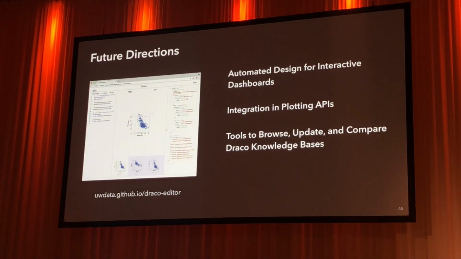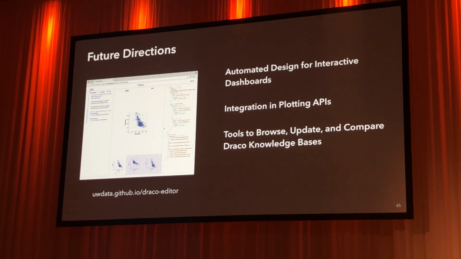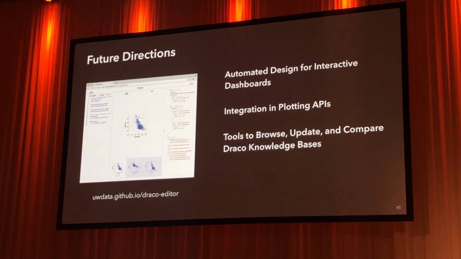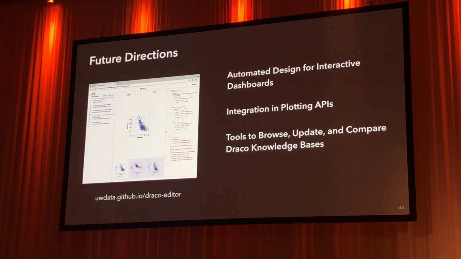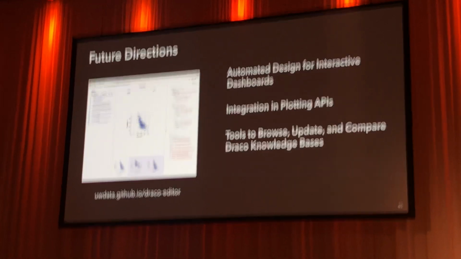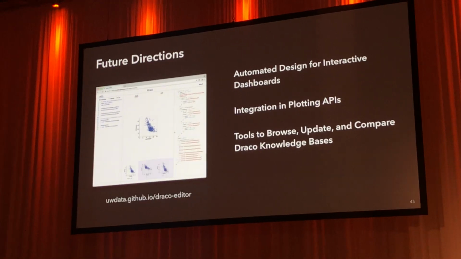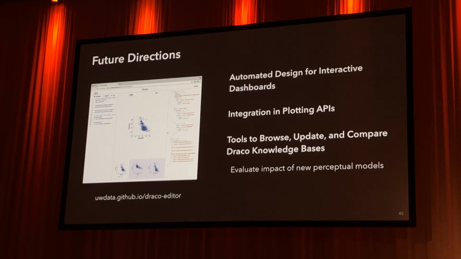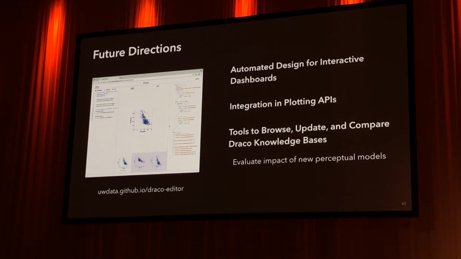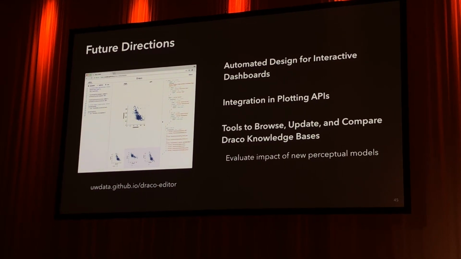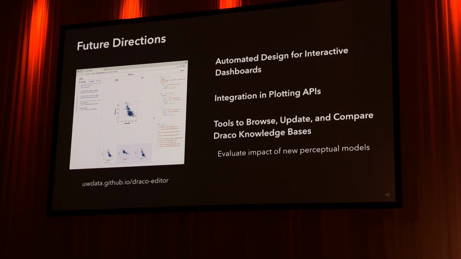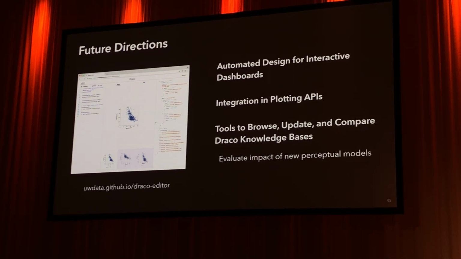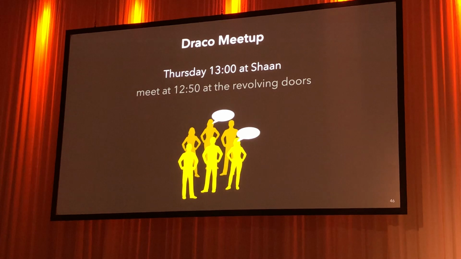And lastly, we want to build tools to browse, update, and compare these knowledge bases that we have in Draco. One example you can see here on the left is an online editor that we've developed where you can try Draco without installing anything. What's exciting about this is that we can evaluate the impact of new perceptual models and test what we know and understand its implications.